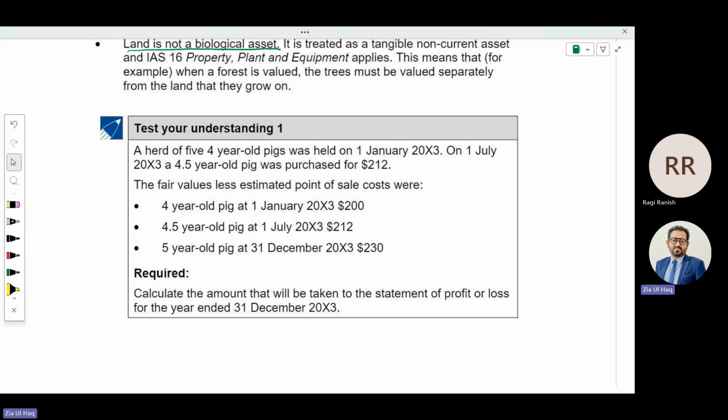Recalculate the figure. That should be charged to profit and loss account based on the asset valuation change.